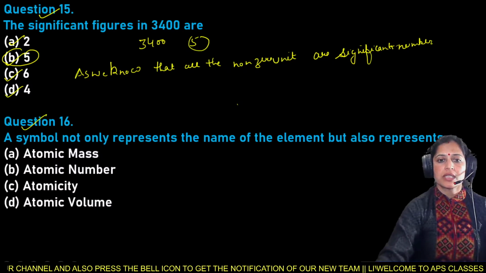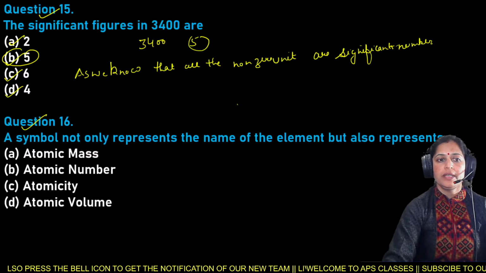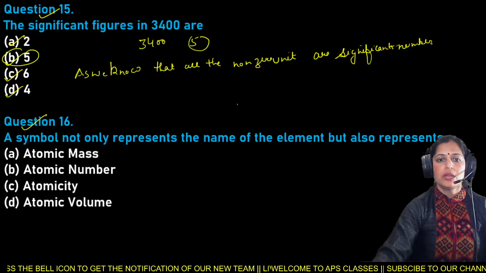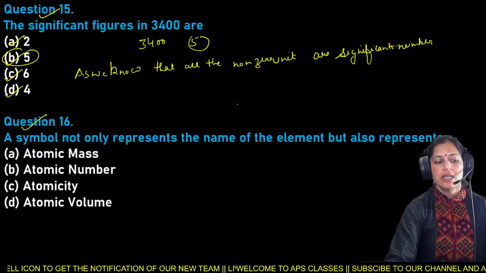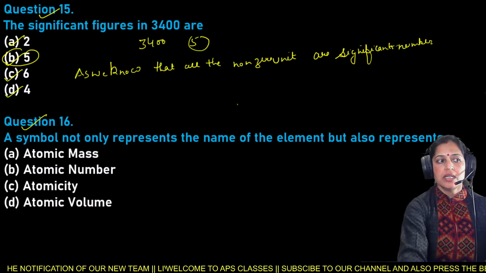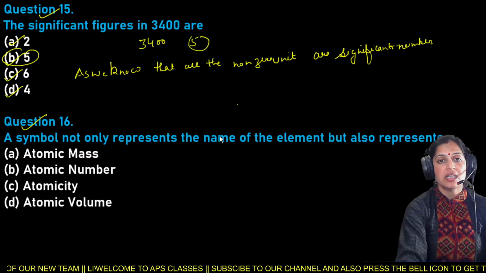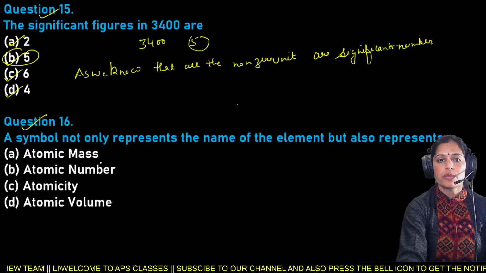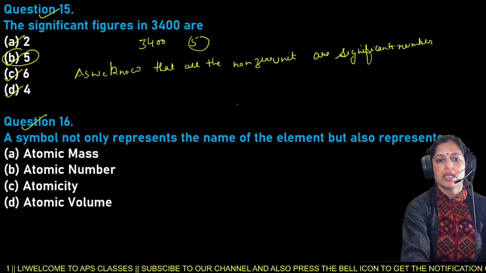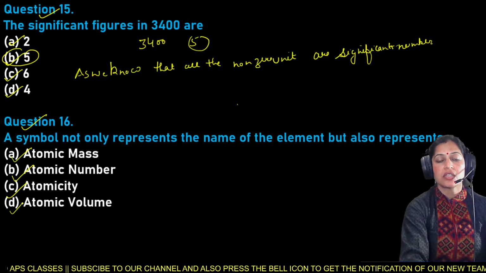Next is your question number 16. A symbol not only represents the name of the element but also represents the atomic mass, atomic number, atomicity, and atomic volume.